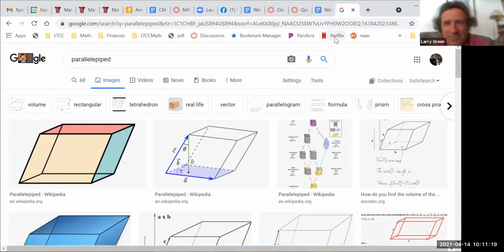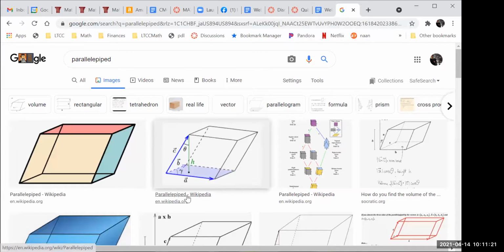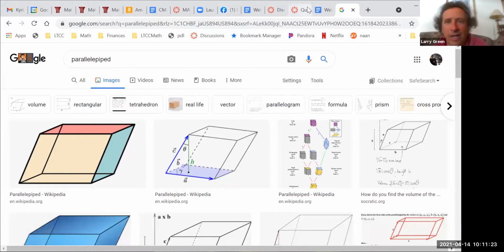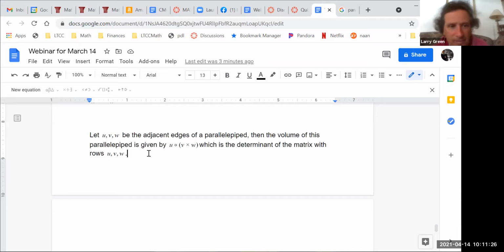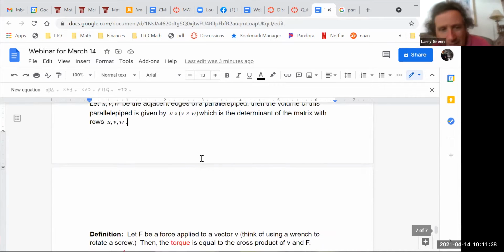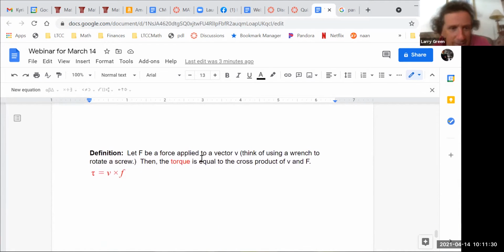Yeah. Okay, so that's a parallelepiped, really important for structural engineering. Okay, we're running out of time. So I want to give you one last definition, and you may have seen this in physics, and that is let F be the force applied to a vector V. And I like to think of take a wrench and rotate a screw.